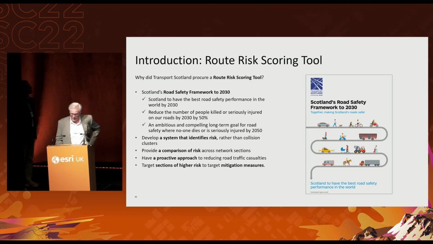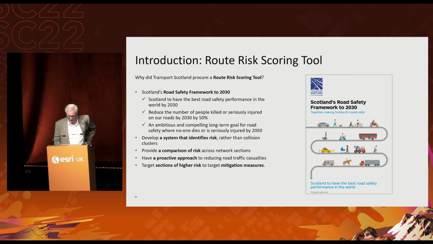We aim to achieve this by reducing the number of people killed or seriously injured on our roads by 50% by the year 2030. The framework also sets out an ambitious and hugely compelling long-term goal for road safety in Scotland, where no one dies or is seriously injured using our roads by 2050.